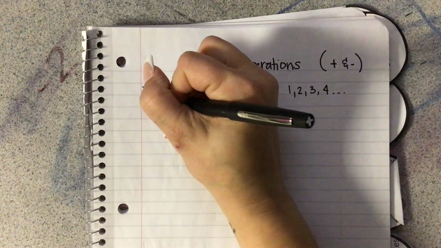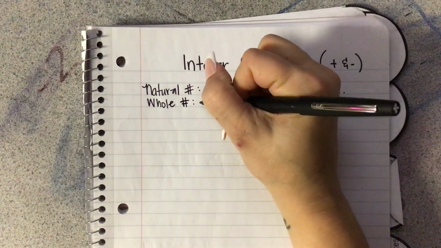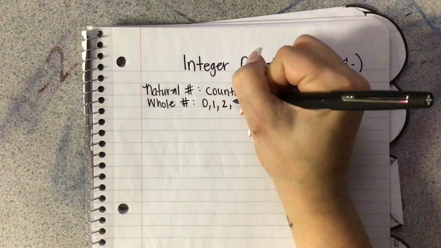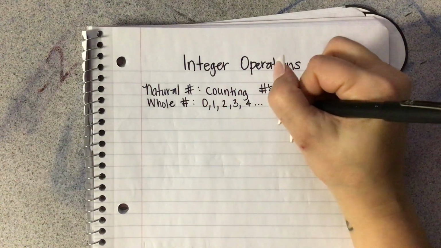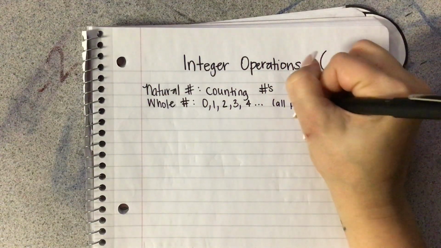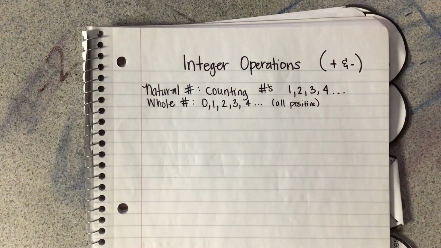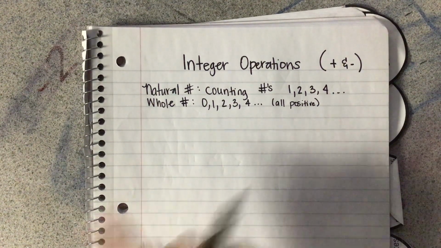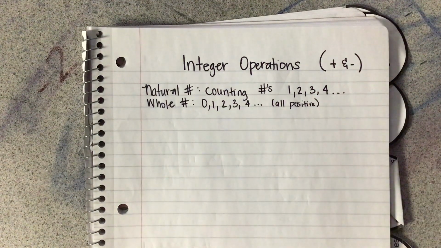Then you have your whole numbers, which are 0, 1, 2, 3. It's the whole thing, and they're all positive. So notice that whole numbers are your natural numbers, but they're also the number 0.